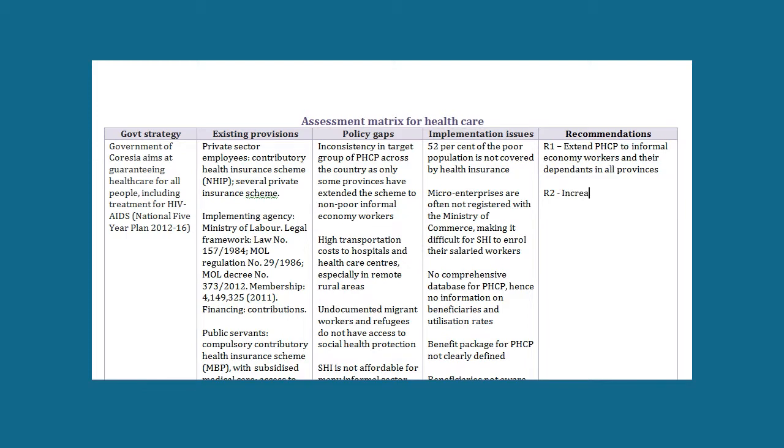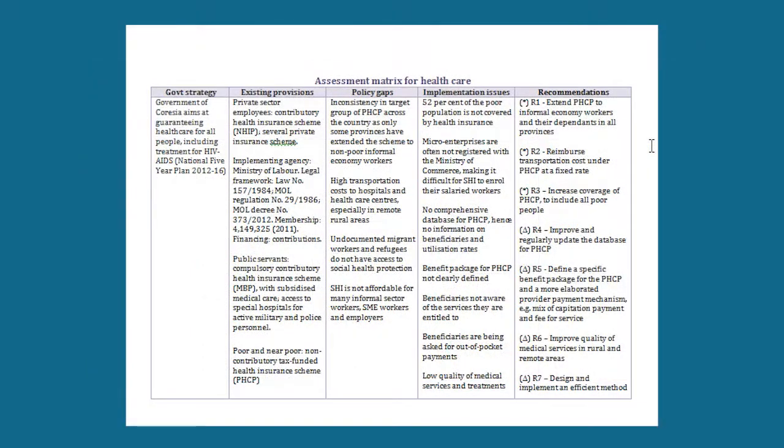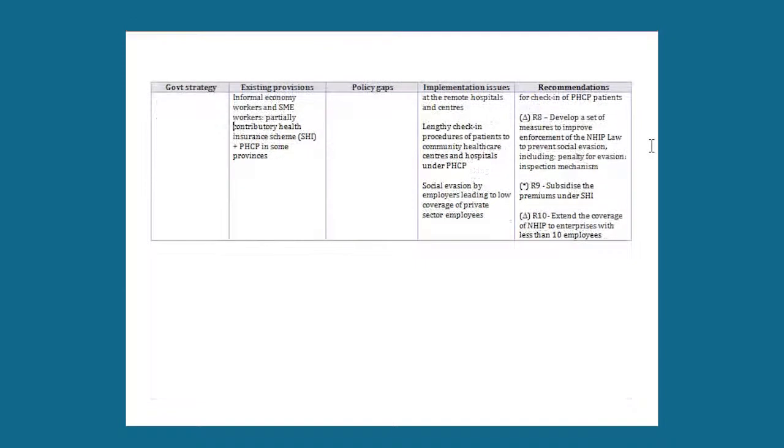The first implementation issue, that the PHCP does not cover 52% of the total target group, can be converted to a recommendation which states coverage should extend to all poor people in the country. You then continue to list recommendations for all the policy gaps and implementation issues previously listed in the respective columns.